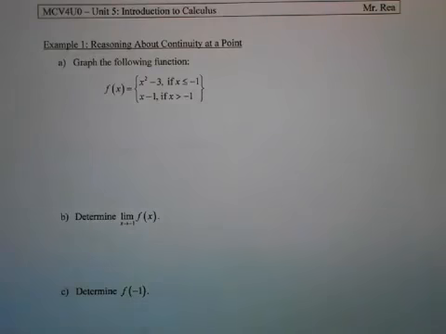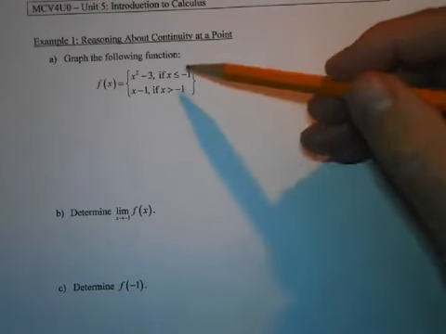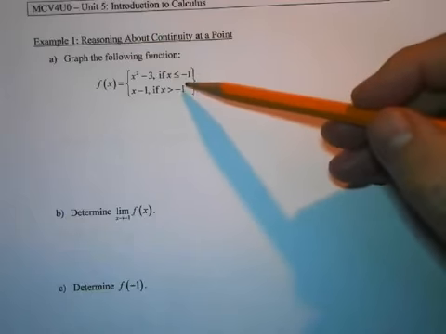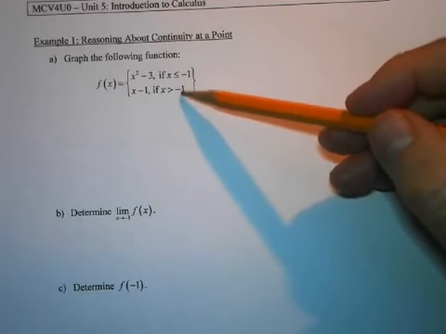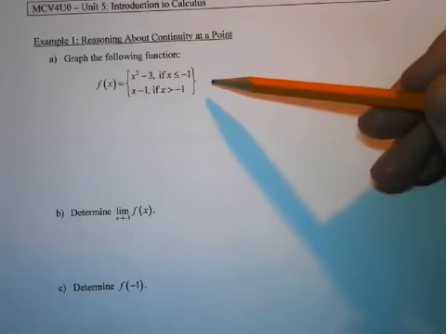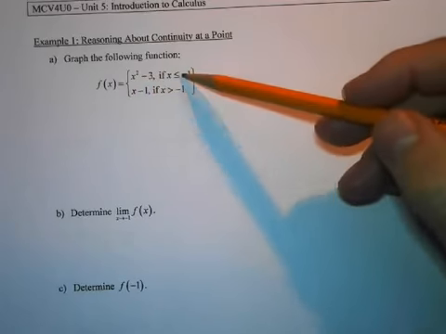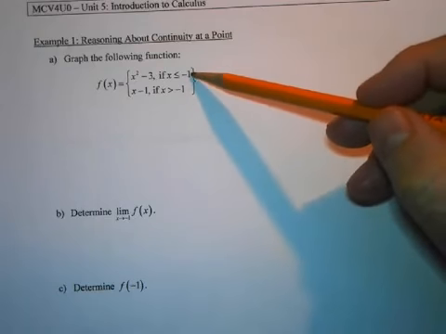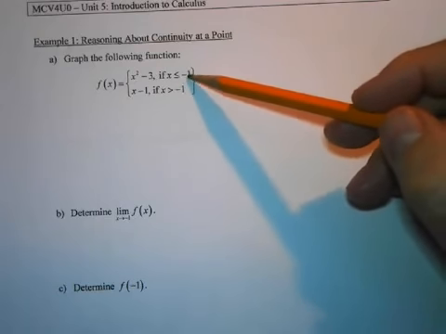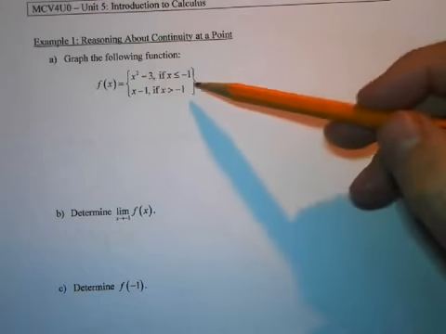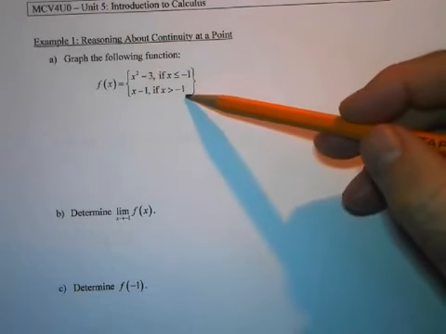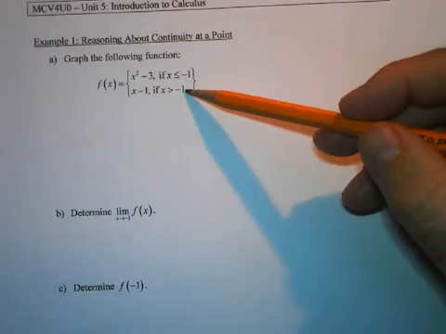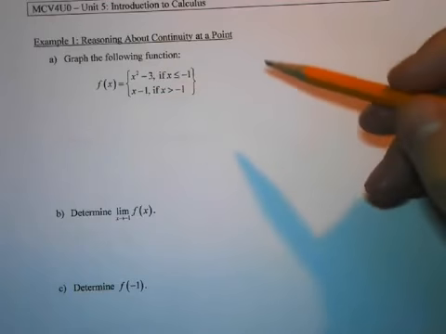So here we've got another function defined. It's a piecewise function. Basically, there's a kind of a break at x equals -1, and it's x squared minus 3 on the left side, or to the negative side of -1, and also right at -1 we use that formula, and to the right, or when x is above -1, we use x minus 1.